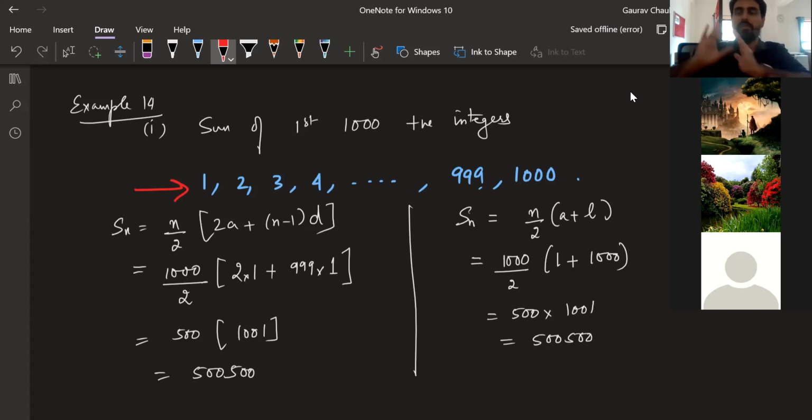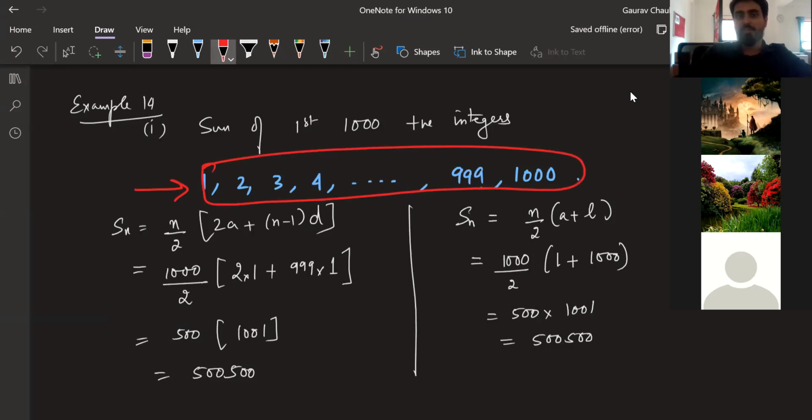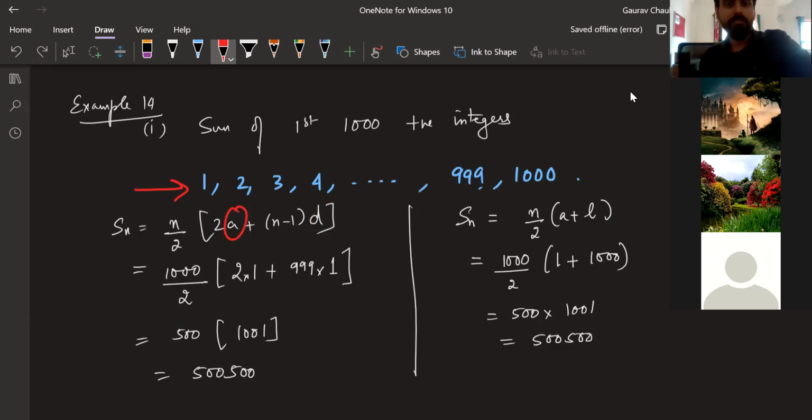Geometric progression and harmonic progression have different sums and different formulas. But when a question asks you the sum of the first 1000 positive integers, your mind should go to AP only. There is no other chapter which deals with such a thing. So you write it down, you observe the AP, you think what is a, what is d, what is n, over. Am I right, Dilruba?